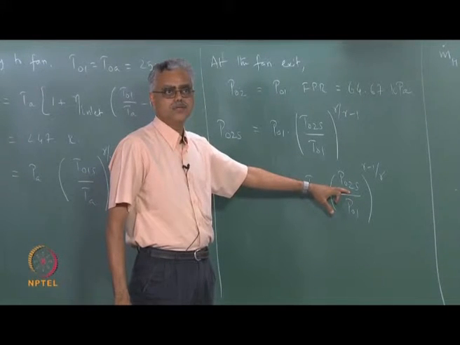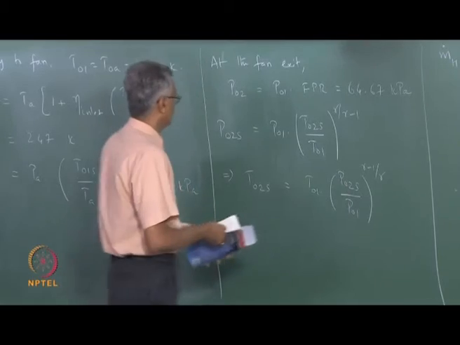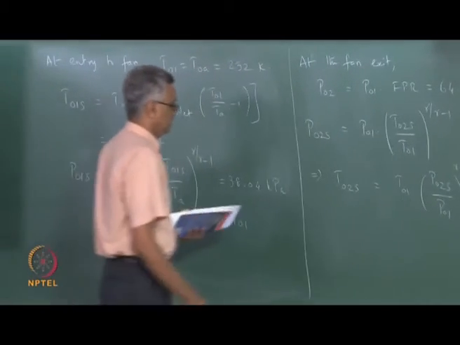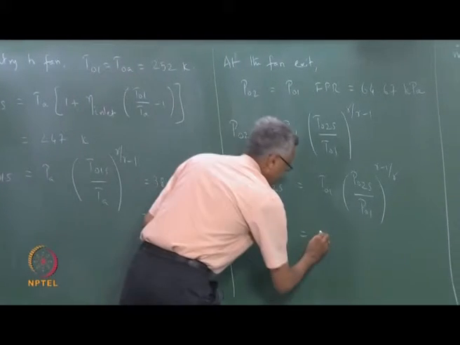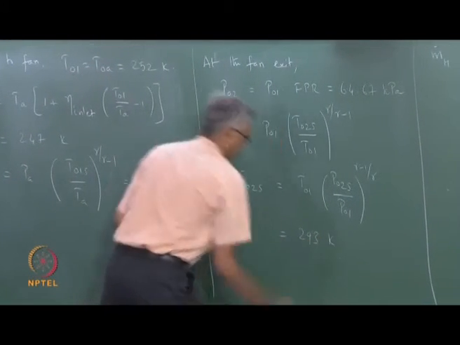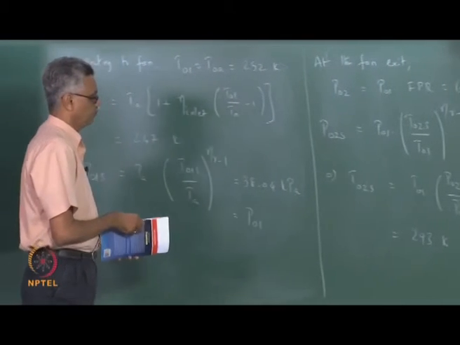Both the states lie on the same isobar, so I can substitute the numbers, and if I do that, I get T02S to be 293 Kelvin.